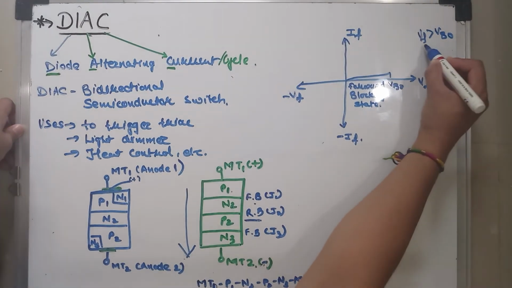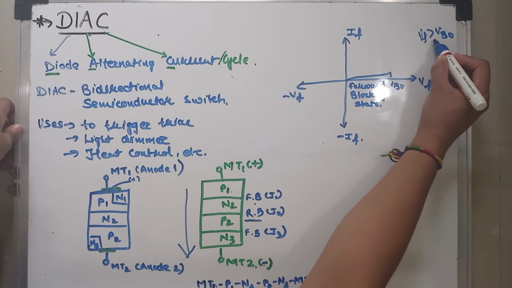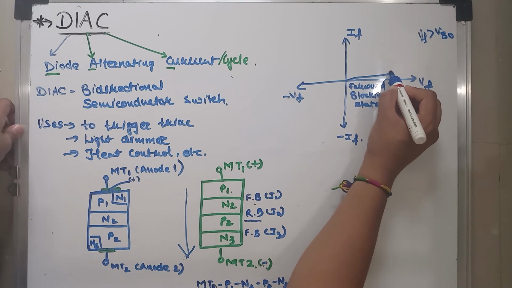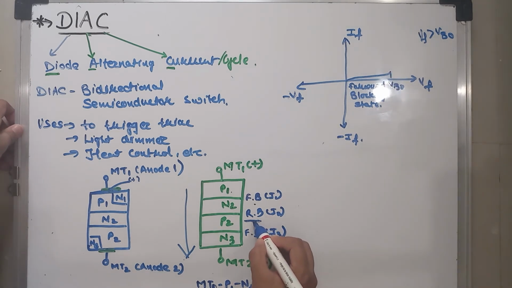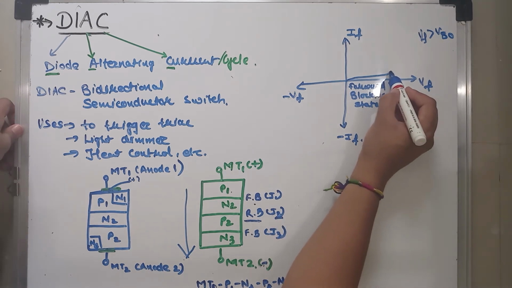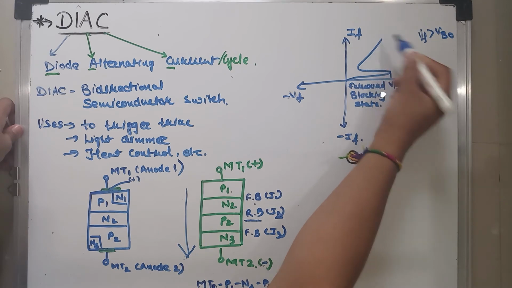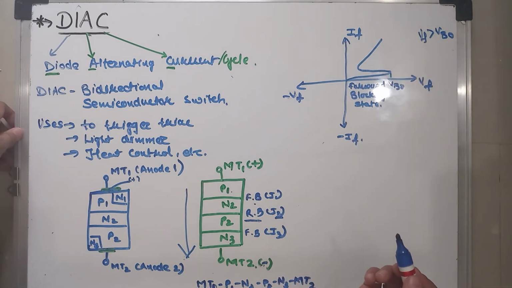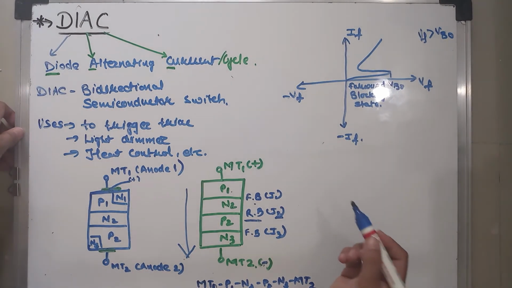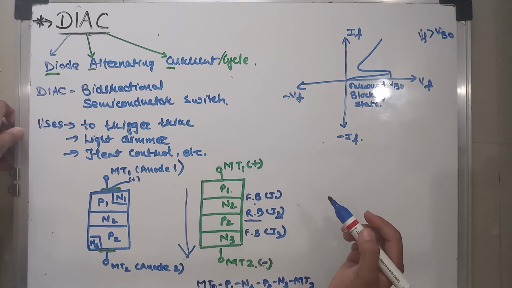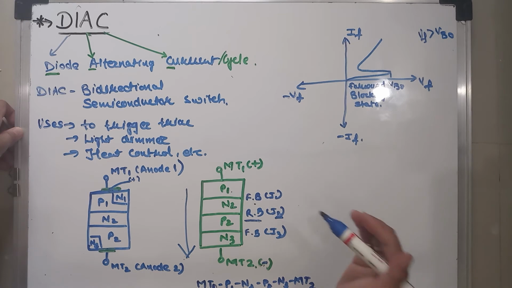Now when the applied voltage exceeds the breakover voltage, suddenly avalanche breakdown of the reverse biased junction J2 occurs. So suddenly the device turns on and current starts to flow from MT1 to MT2, and the voltage drops rapidly.